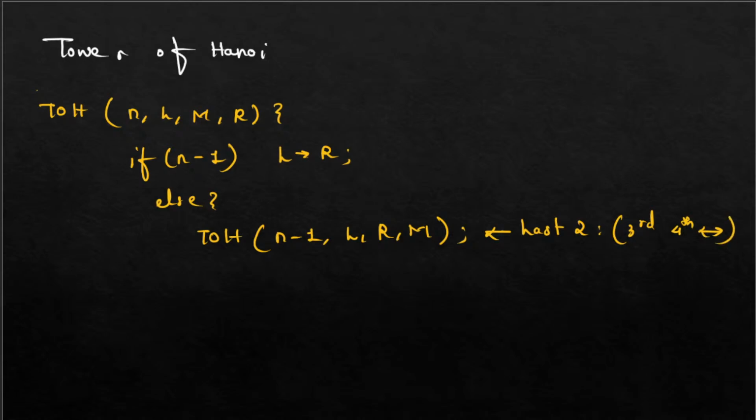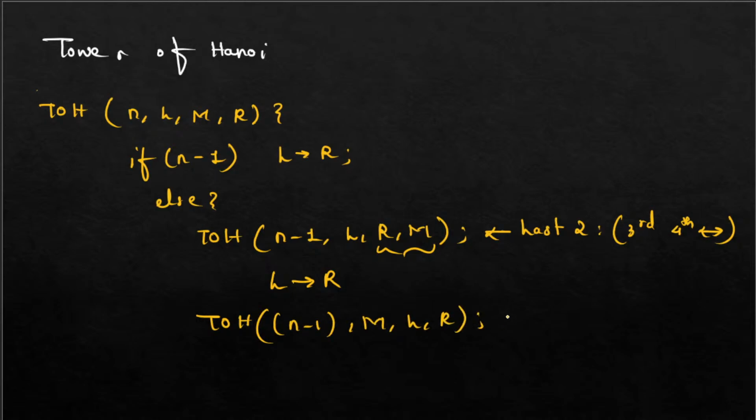This is the symbol of swap for the last case, this R and M, and this will be L to R. After that, T of H, N minus 1, M, L, R. So in this case we have to swap the second and third, and the function is completed.